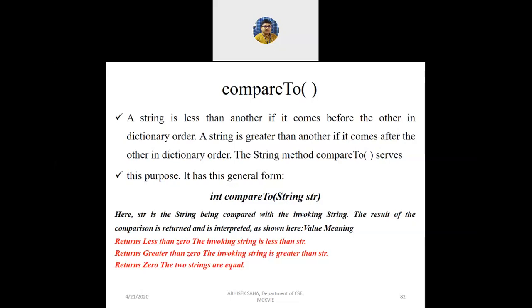So try to understand. We are moving to an example to justify these methods, rather to show the implementation of these methods that I discussed. One is compareTo, and the previous one, that is the difference between equals and double equals.